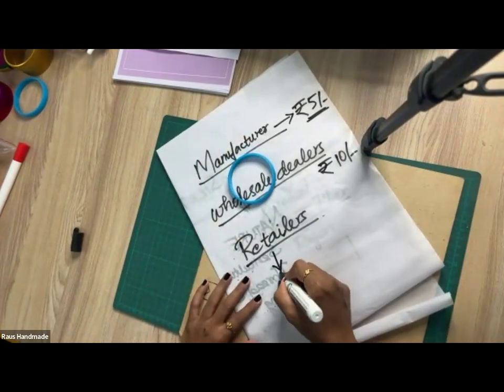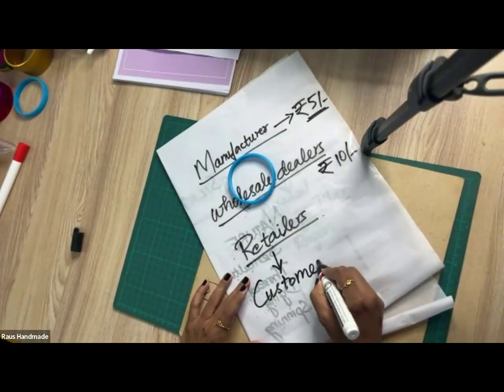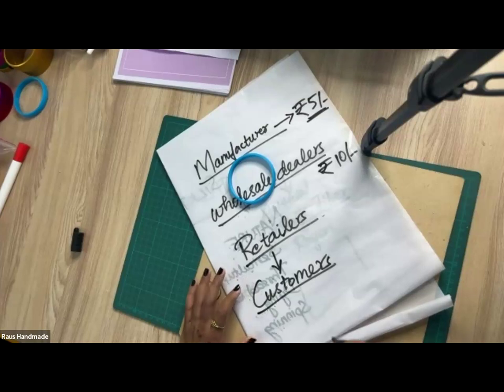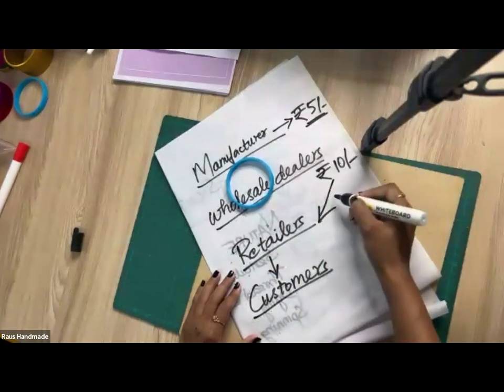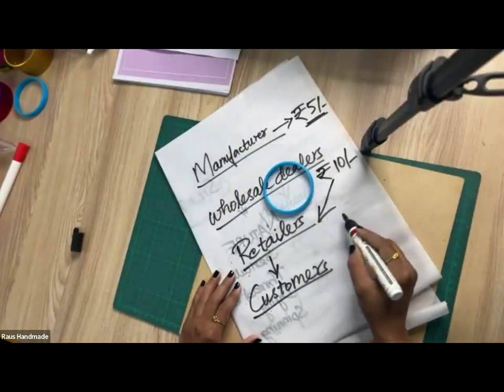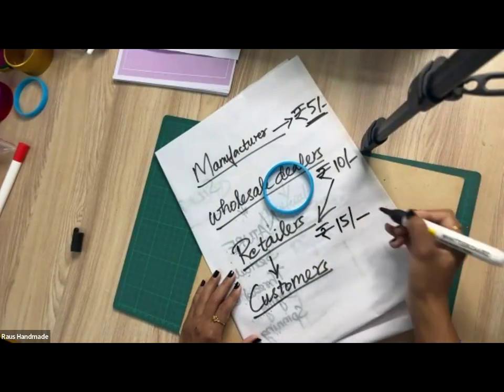Okay, so now who is purchasing from the retailer? Customer. Who are customers? We are customers. Okay, so will the retailer give you the product for the same amount? No. Again, they will keep some profit, and then only they will be selling it to you, right?